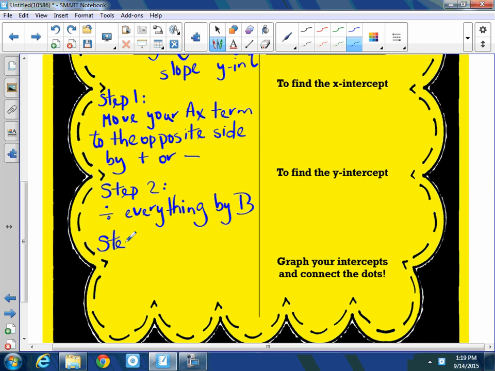And then step 3 would be to graph the y-intercept, like we just did on that other page, and use your slope.